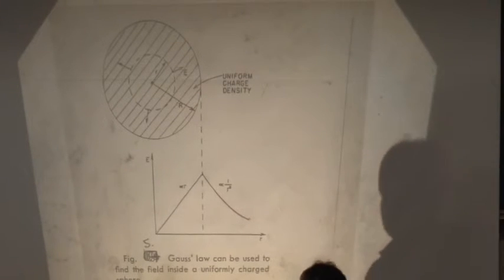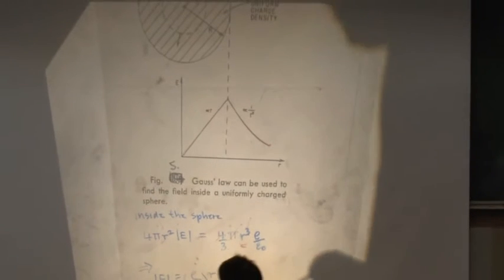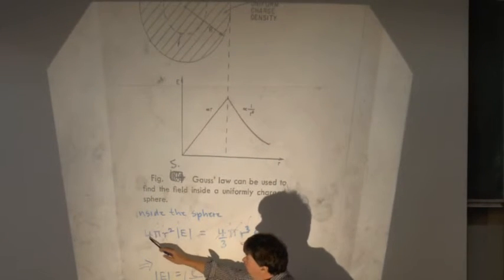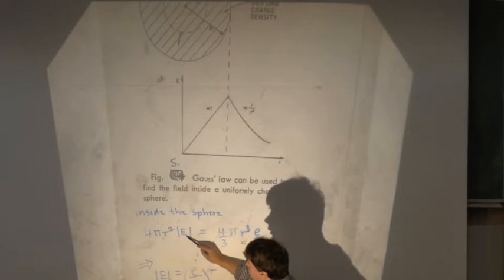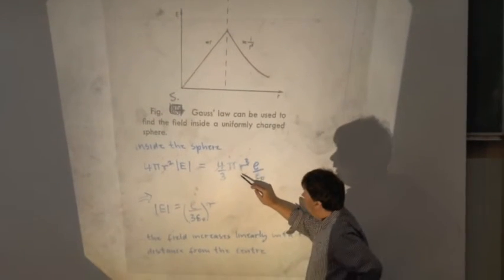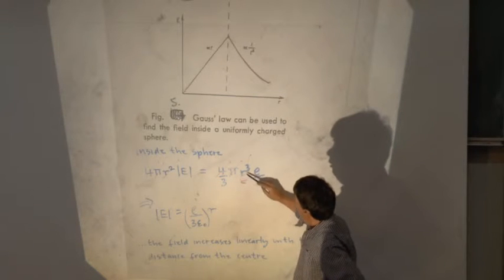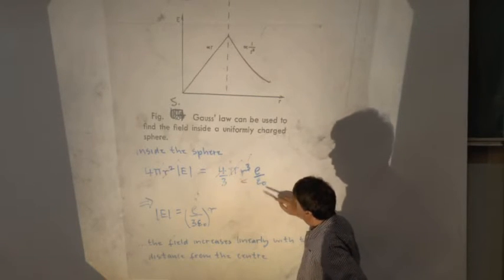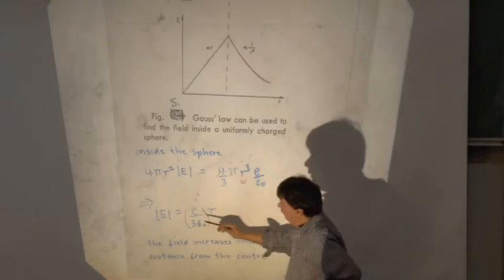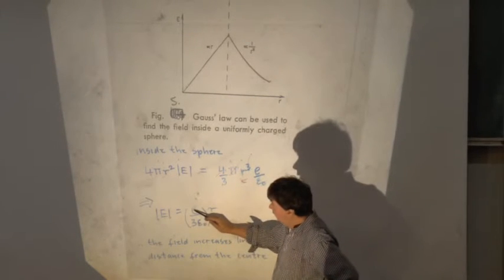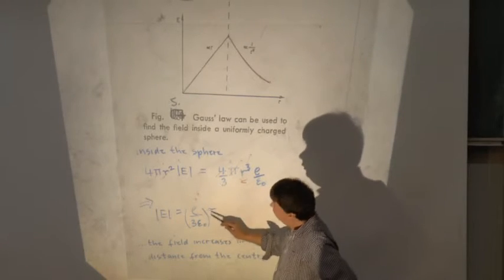Now, the electric field inside the ball. Cast your mind back right to the beginning of term, I set a problem exactly like this on Gauss's flux law. It's a simple application of Gauss's flux law that inside the sphere, this is the surface integral of the normal component of the electric field, and this is the volume integral of the charge density divided by epsilon naught, and that gives you immediately that the electric field is equal to the charge density over 3 epsilon naught times r.